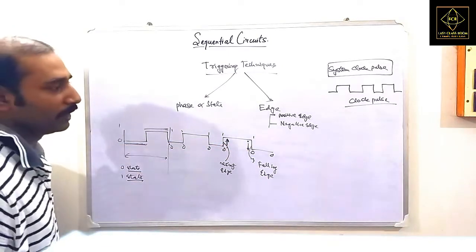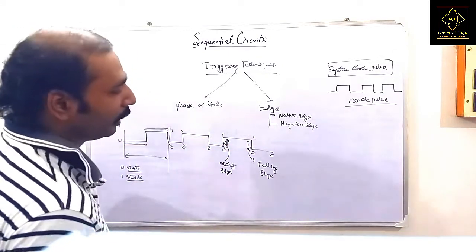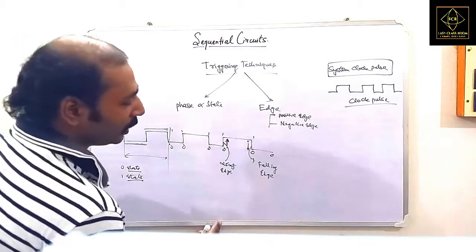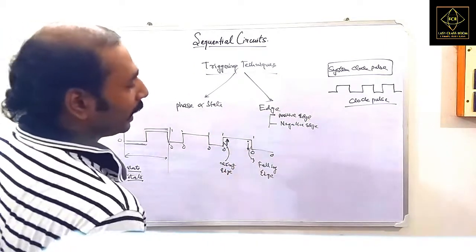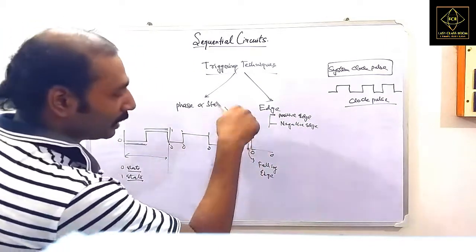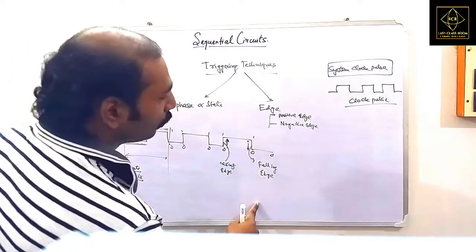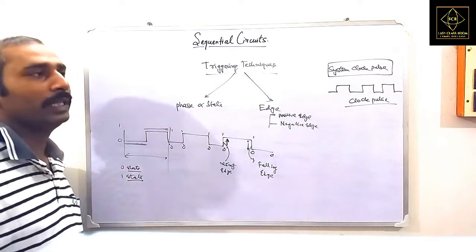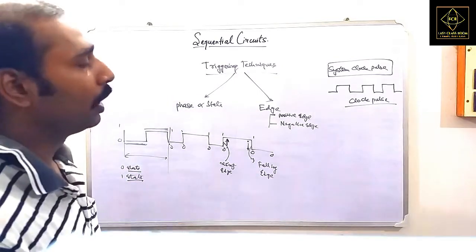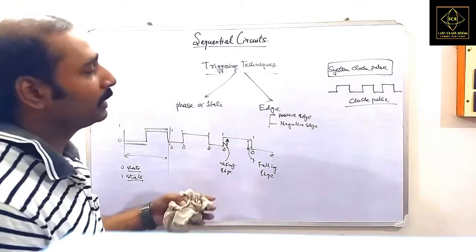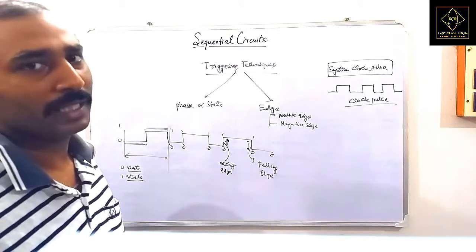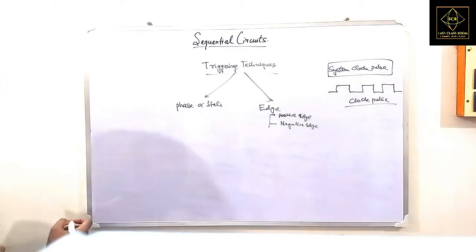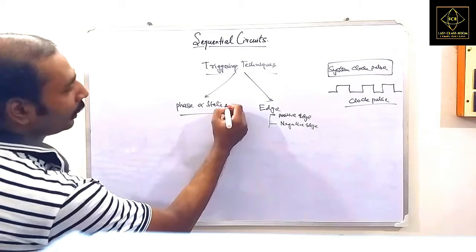One is positive, where we climb from 0 to 1, and the other is negative, where we climb down from 1 to 0. Now there are some nomenclatures we are going to learn as to how to detect these triggering techniques in our circuits or block diagrams. So we are going for phase or levels.